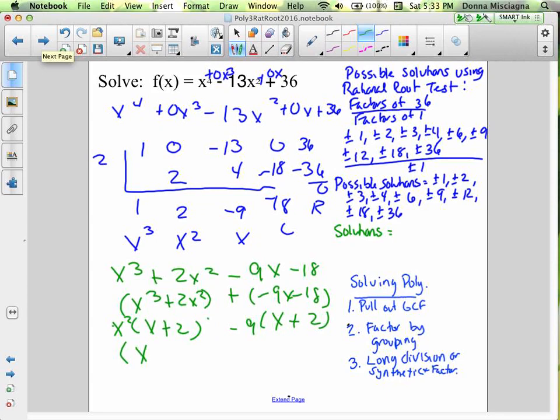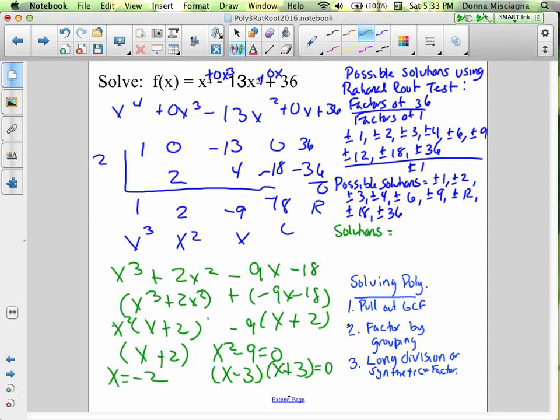All right, so we have the repeating x plus 2, and then we have an x squared minus 9. Right, so that is a difference of squares. That's factorable. And if you remember from a couple podcasts ago, this will factor to x minus 3 and x plus 3.